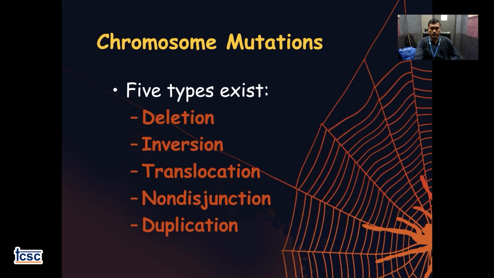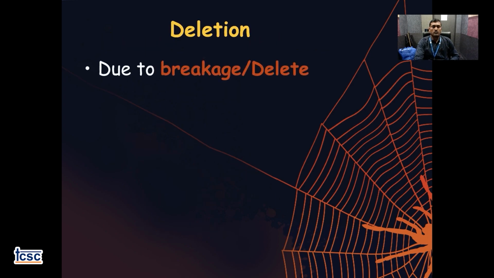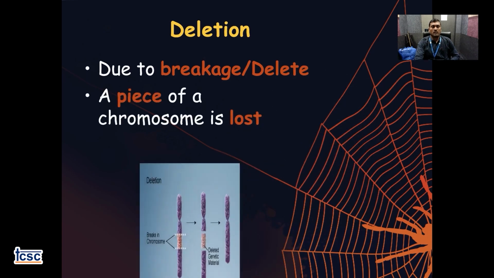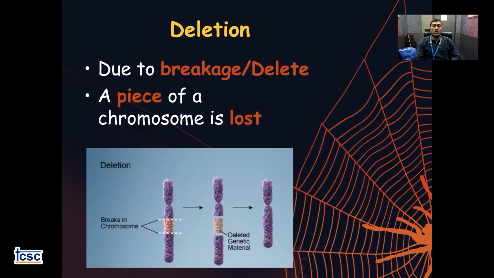Let's discuss one by one in detail. First, deletion. Due to breakage or deletion of some part of the chromosome, a piece of chromosome is lost. Now you can see in the picture the original chromosome, and due to deletion some part gets deleted, and this is the resulting structure.